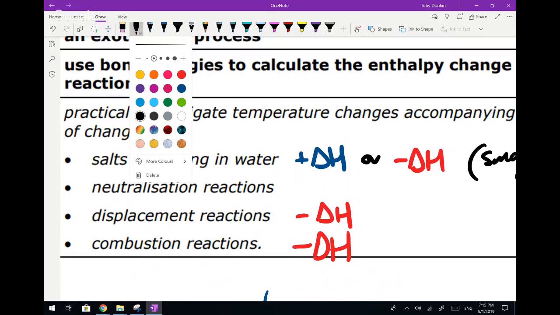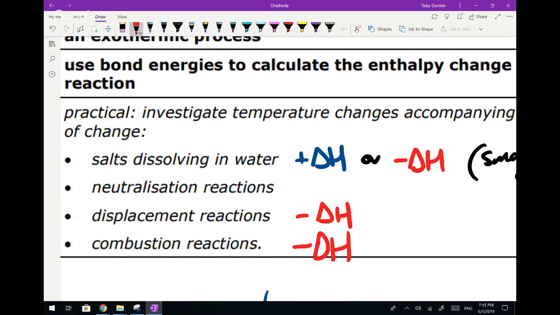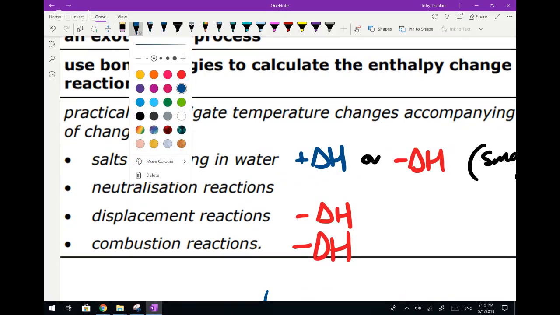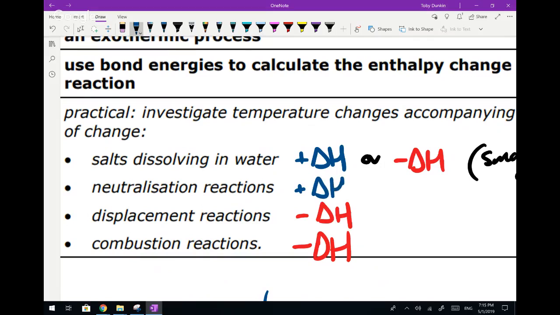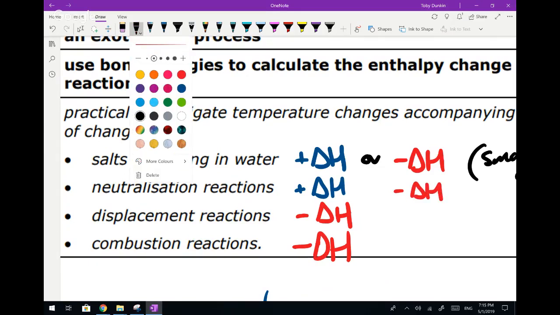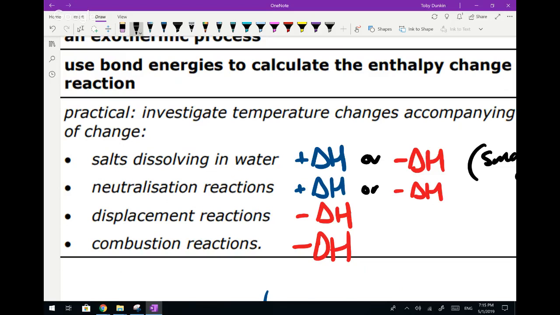Neutralizations are also either. So we can have endo or exo for neutralizations. I can add an extra rule there for those people who really like to learn those extra details, which makes your life in chemistry easier.